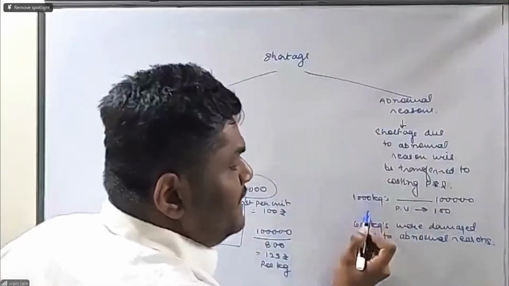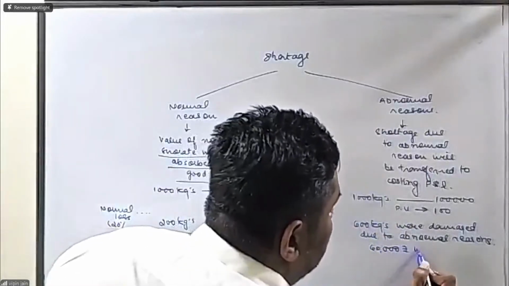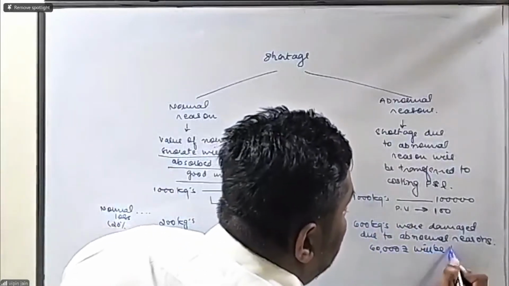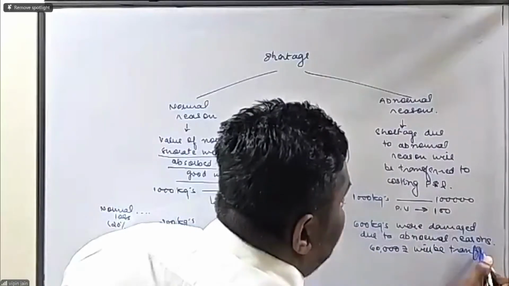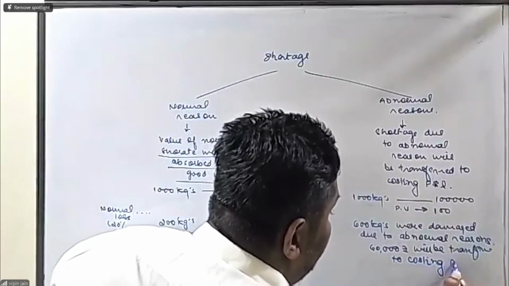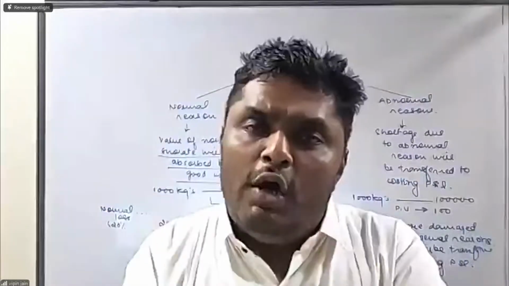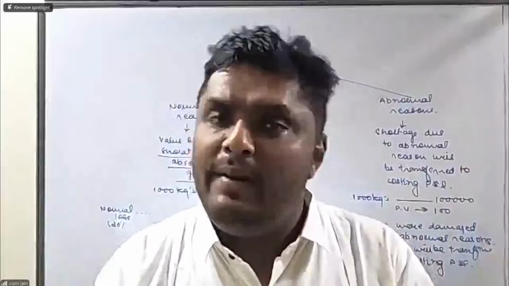So 600 into 100, 60,000 will be transferred to costing P&L. If it is due to normal reasons, it will be absorbed by the remaining units.